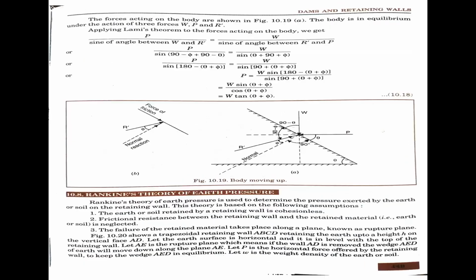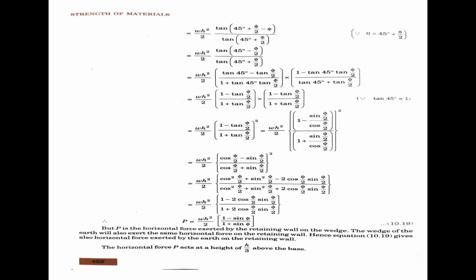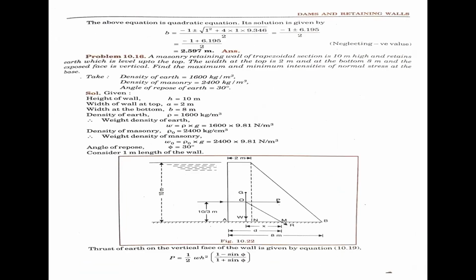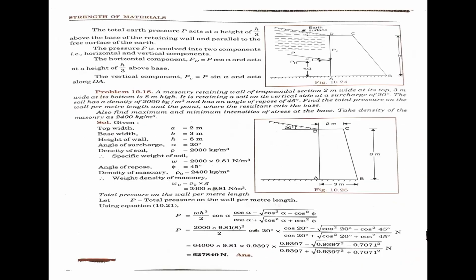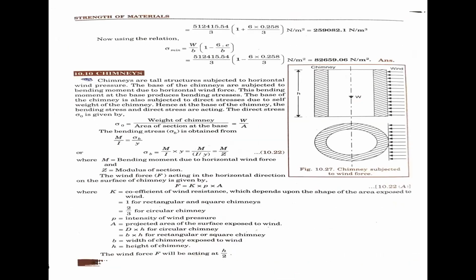Go to retaining walls. Retaining walls is very important, problems and derivation part. Retaining walls diagrams, also what the purpose of retaining walls is, the derivation part and example problems. And the next topic after retaining walls is chimneys, very important. Chimneys also have a derivation part for circular shape.